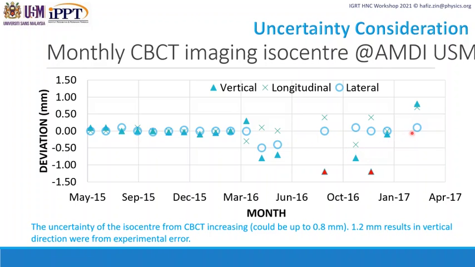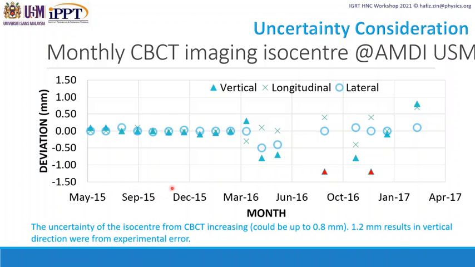So this is something that we need to monitor closely as time goes, right? So I think the probability of the errors getting higher becomes larger after a certain number of years of the machine being used, and it needs to be monitored regularly after that.